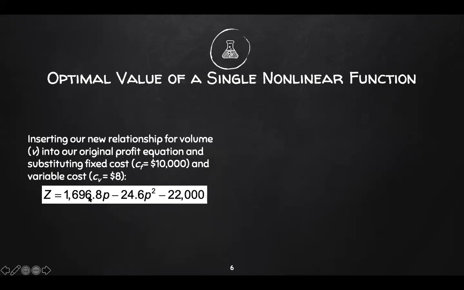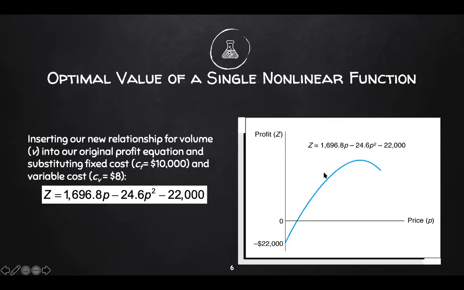If you observe, it's 1,696.8p or the price minus 24.6p squared minus 22,000. So mayroon ng squared sa ating profit function. And that is not an example of a linear function. Nagiging non-linear function na to. At kapag graph natin yung formula na yan, ganito yung magiging itsura ng graph. Para siyang curved line. No? So para siyang curve.